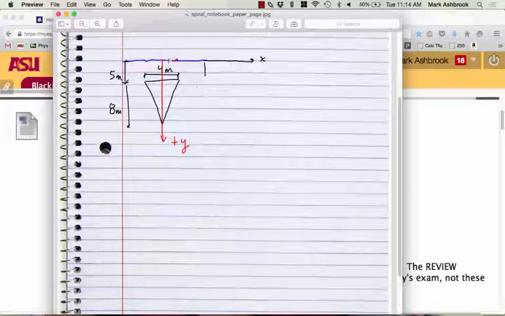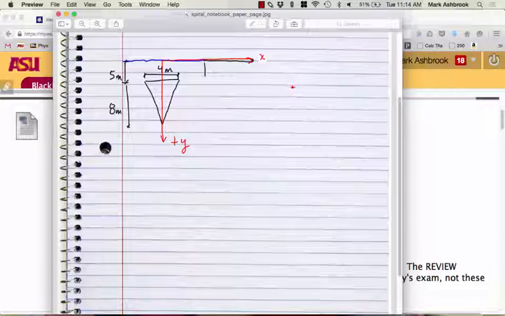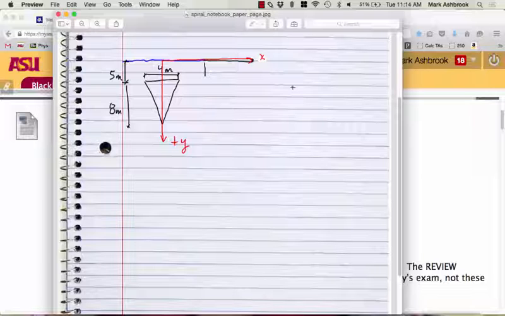I should have told you that, so that we were all doing the same thing. Everyone figured out a different way to do this, so I apologize. So make your positive y down from the surface, and then y is the same as depth. You don't have to do the opposite, no negatives. And then we'll do x out to the right like this.